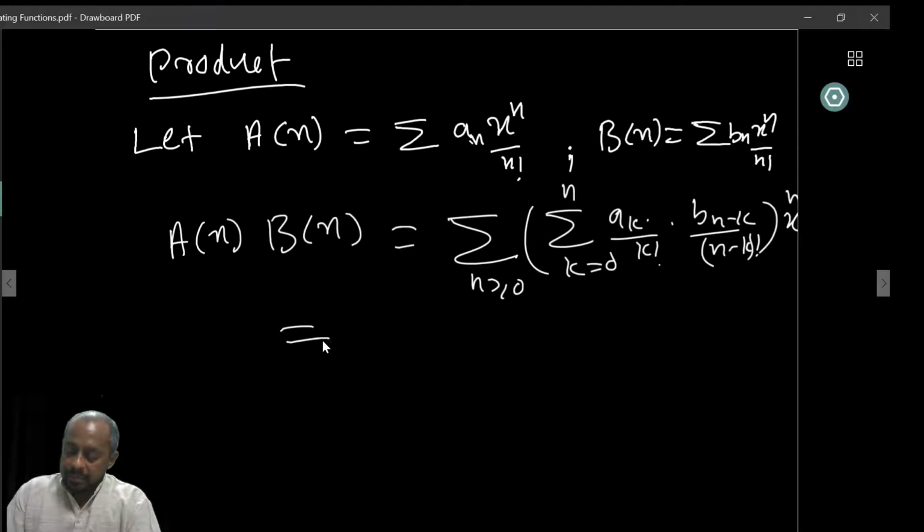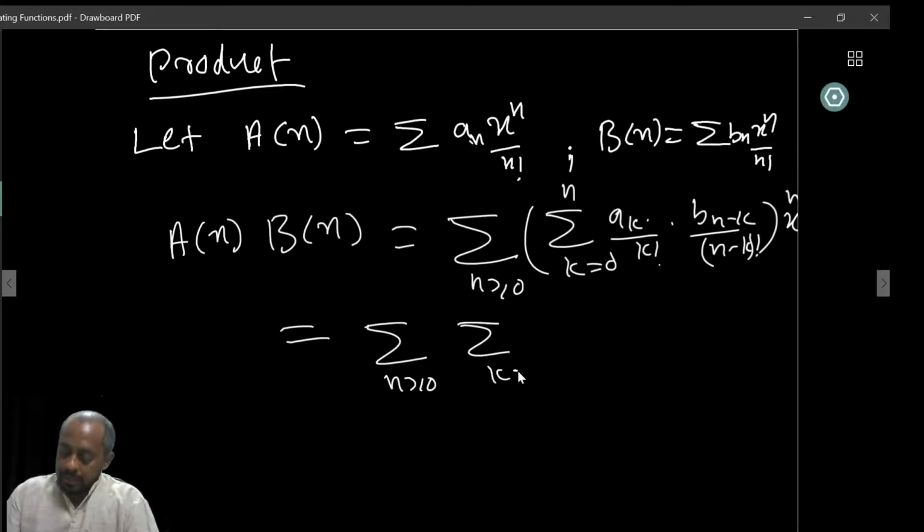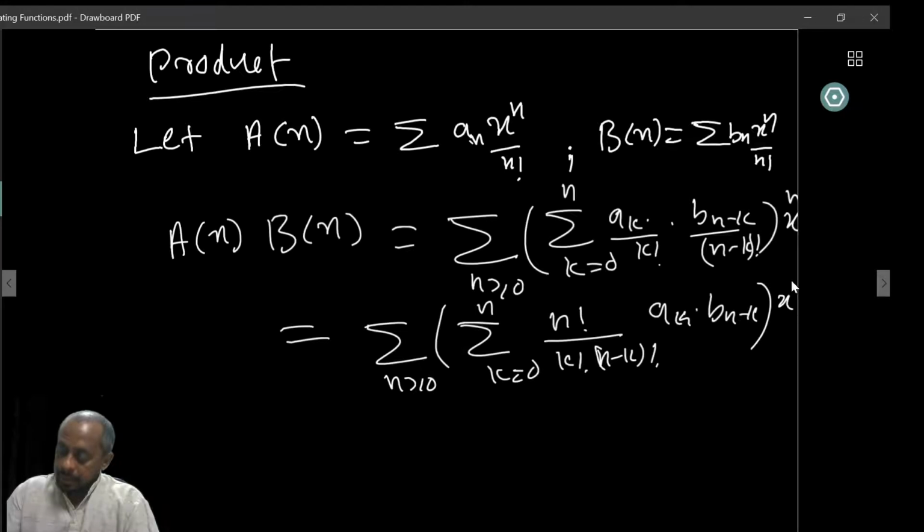Now what is this? Well, this I can write as the summation over n greater than or equal to 0, summation k equal to 0 to n, where I multiply by n factorial by k factorial into (n minus k) factorial, a_k into b_(n minus k), and then x raised to n divided by n factorial.